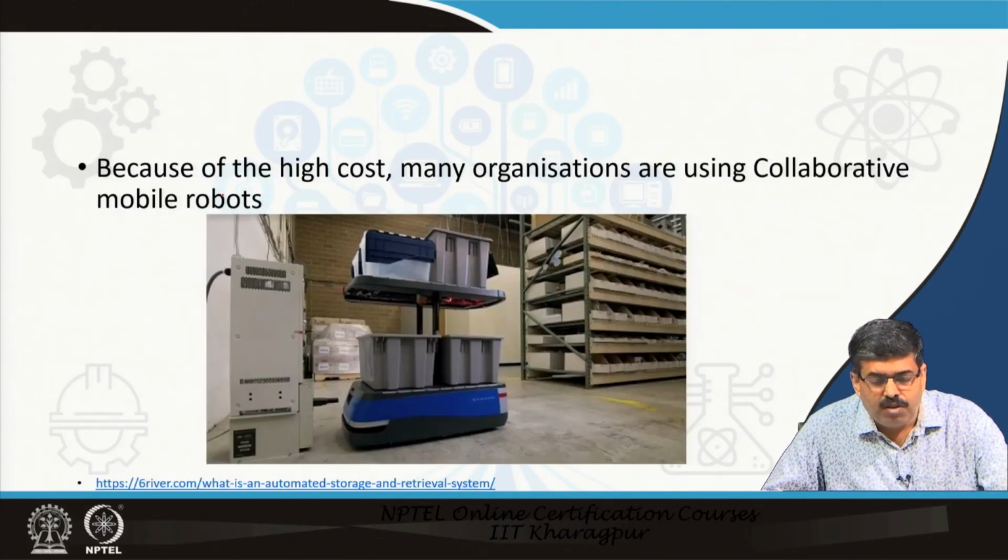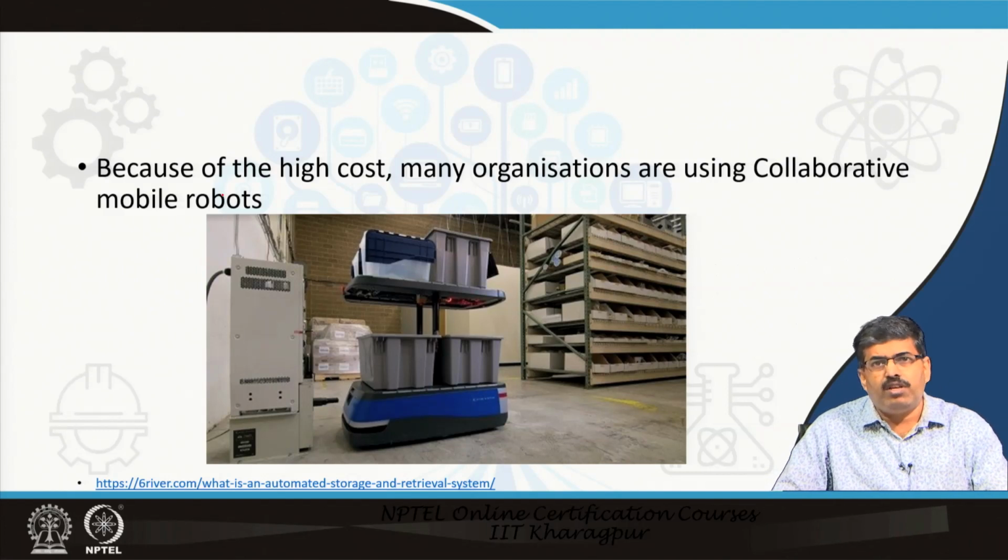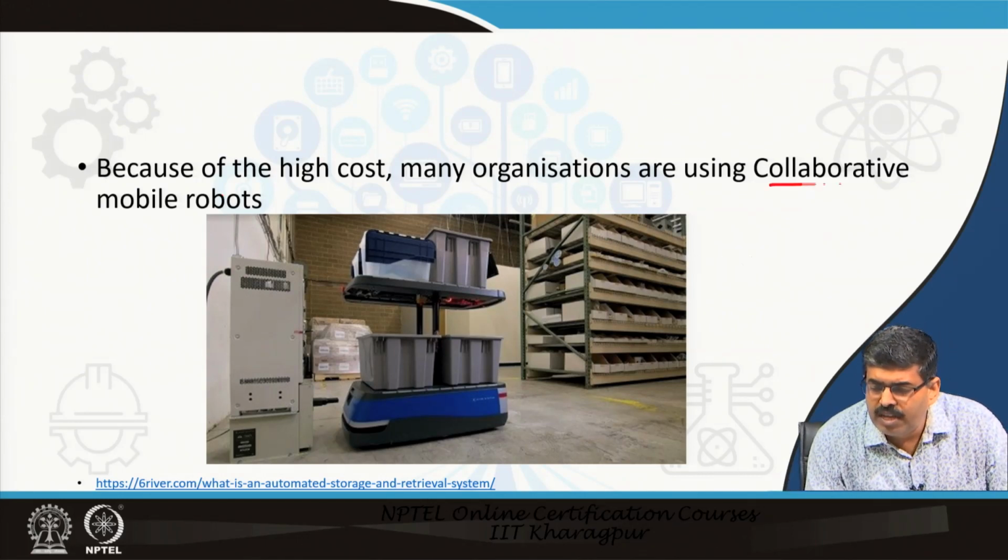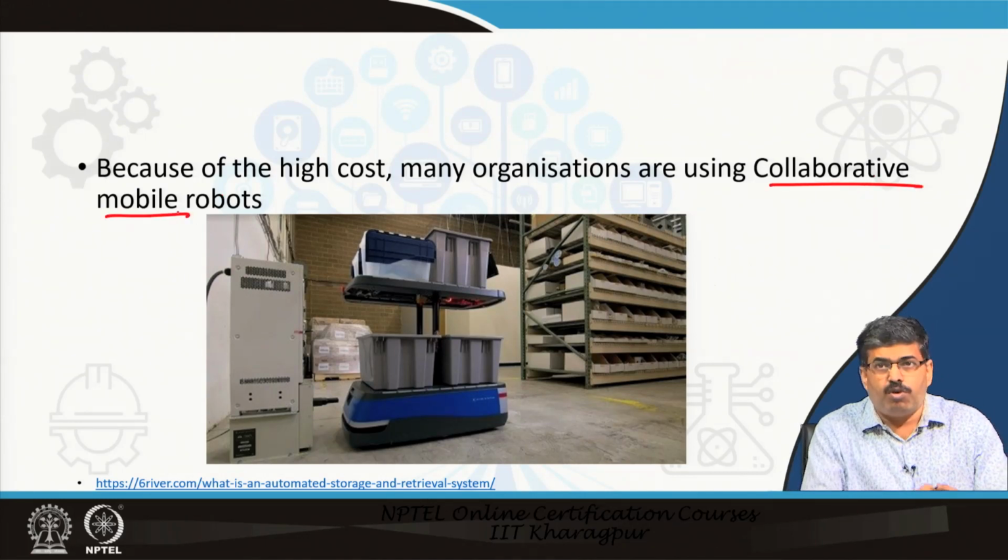Now, because of the high cost, many organizations are using something called collaborative mobile robots. This is an example of a mobile robot. How is it different from a human operated forklift?